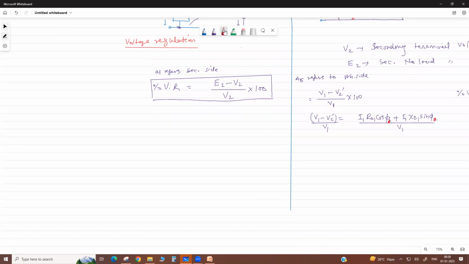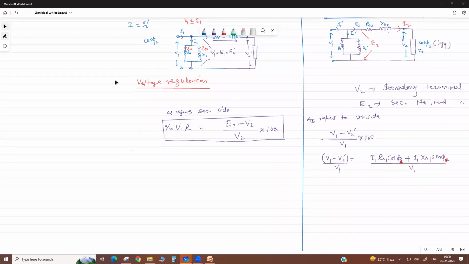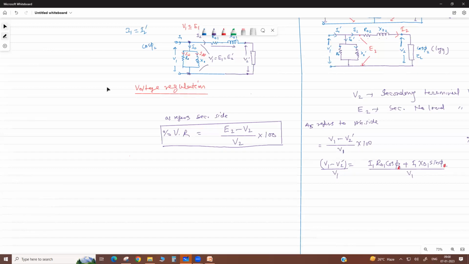So see, when we transfer the parameters, your performance should not change. Performance means losses or voltage drop in reactance and resistance. As referred to primary side, your total equivalent resistance is R01.